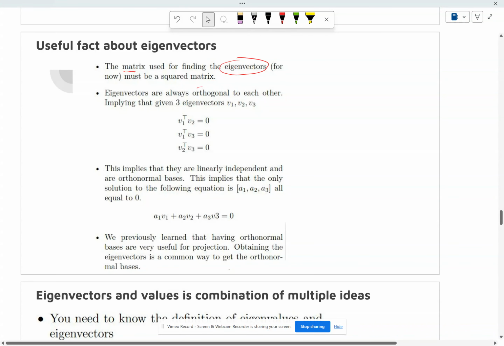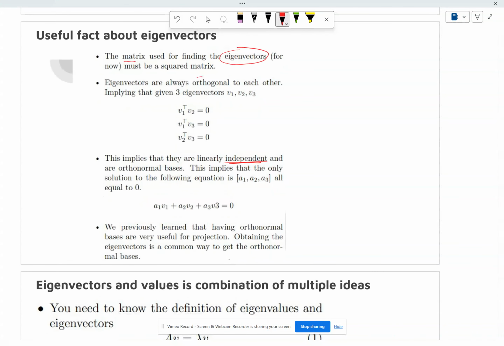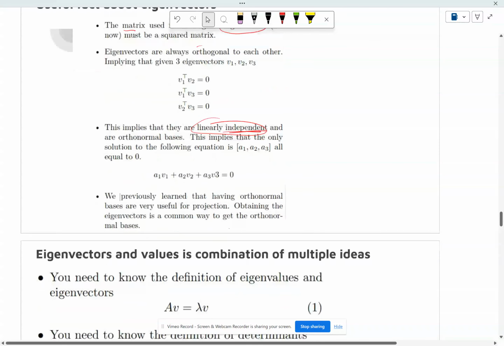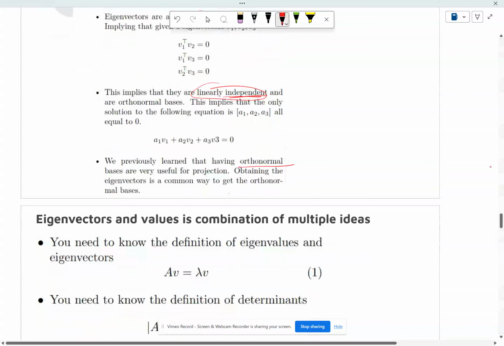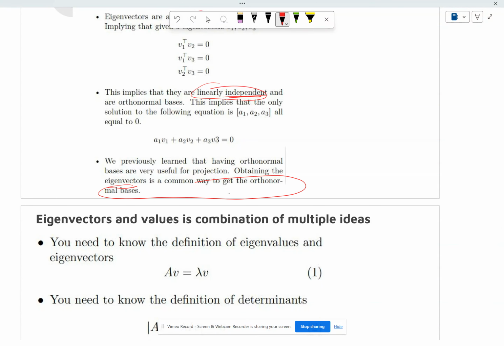This also implies that they're linearly independent because every one of them, as long as the lambda is not 0, is contributing to the span. And if they're linearly independent, it means that for this equation, you must only have the trivial solution. We also previously learned that having orthonormal bases is very useful for projection. Therefore, eigenvectors are a common way to find the orthonormal basis.